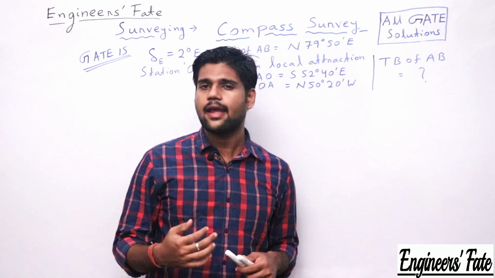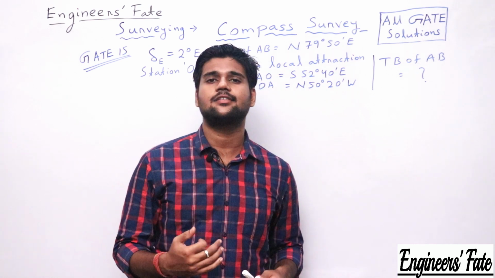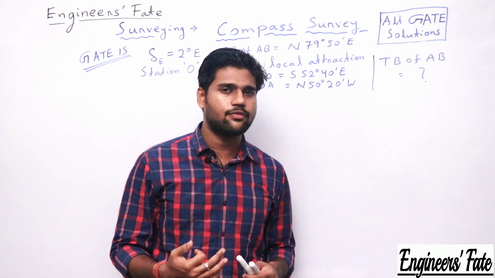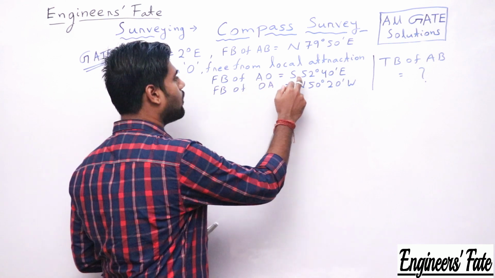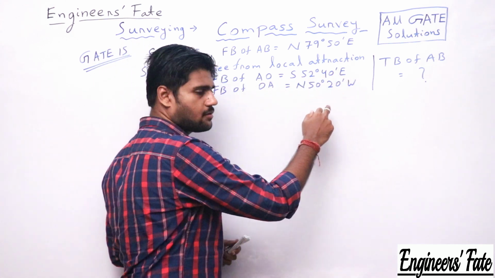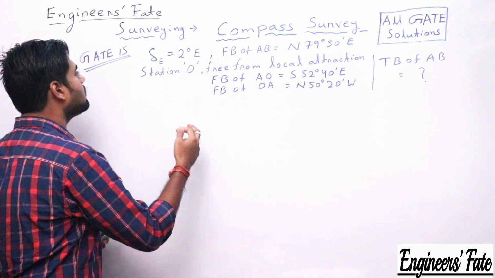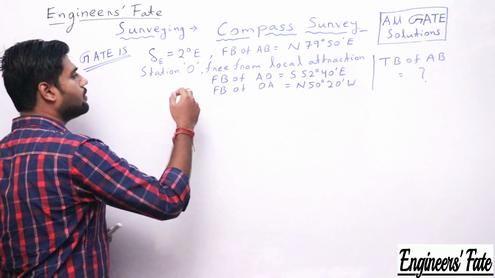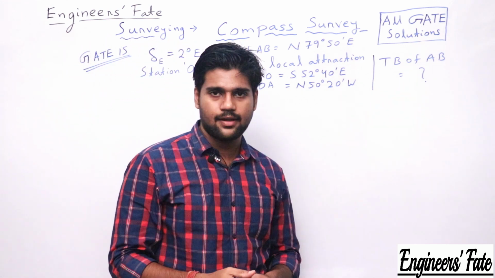Though station A is affected, he has taken another station O which is free from local attraction, and he has given the forward bearing of AO and the forward bearing of OA. And again he has stated that at that place there is an eastern declination of 2 degrees east. Now he wants to find the true bearing of AB.